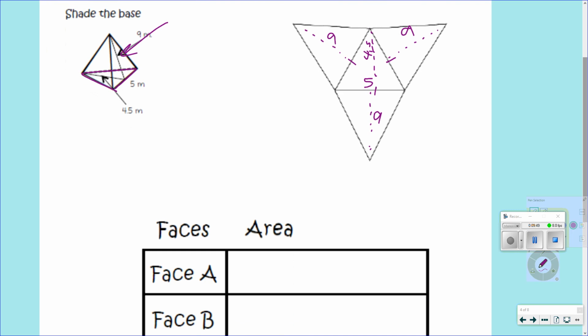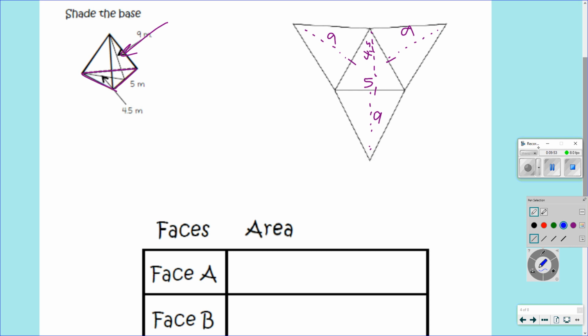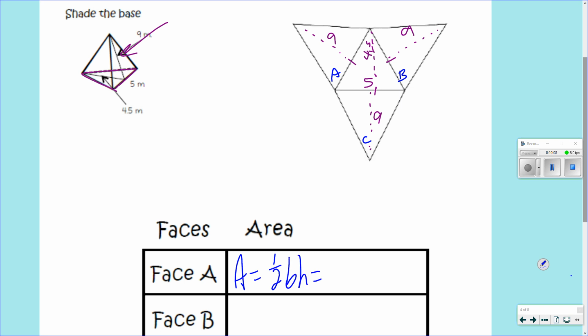Okay, so now let's do the work here. Again, mine are not labeled. So this is A, B, C, and then the base. Okay, so for A, what is the formula for a triangle? 1/2 BH, good. What are the base and the height of that triangle? 5 and 9, very good.